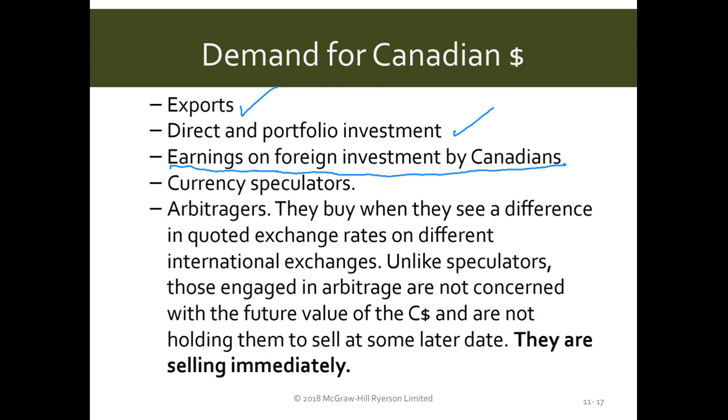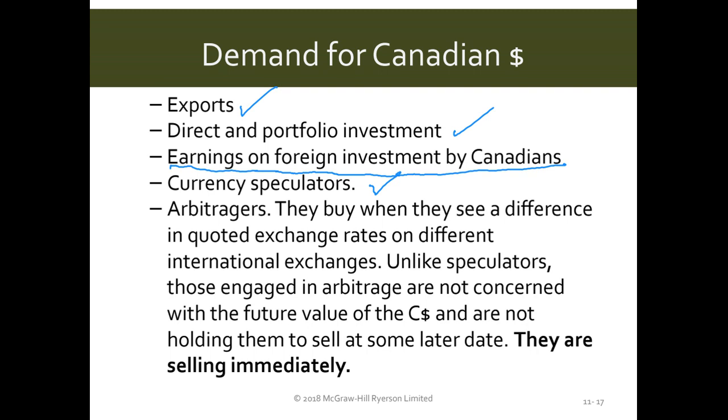Arbitragers. There's another one, that is currency speculators. They also demand foreign currency, including Canadian dollars. So they just buy when the dollar is low and sell when the dollar is high. This is what we call currency speculation. Arbitragers are another reason why foreigners buy our currency.